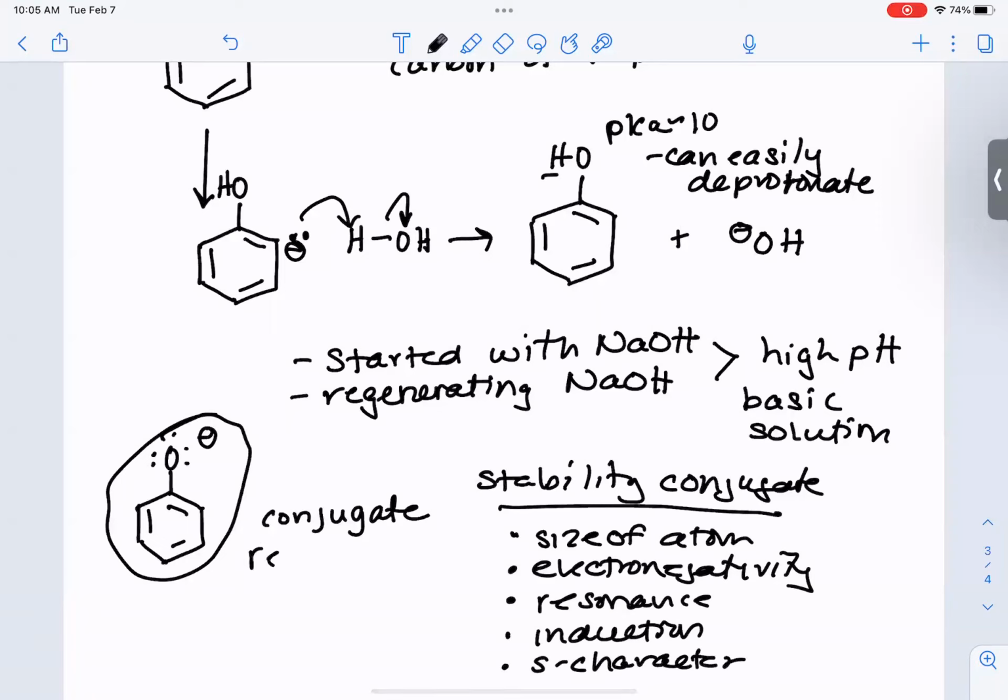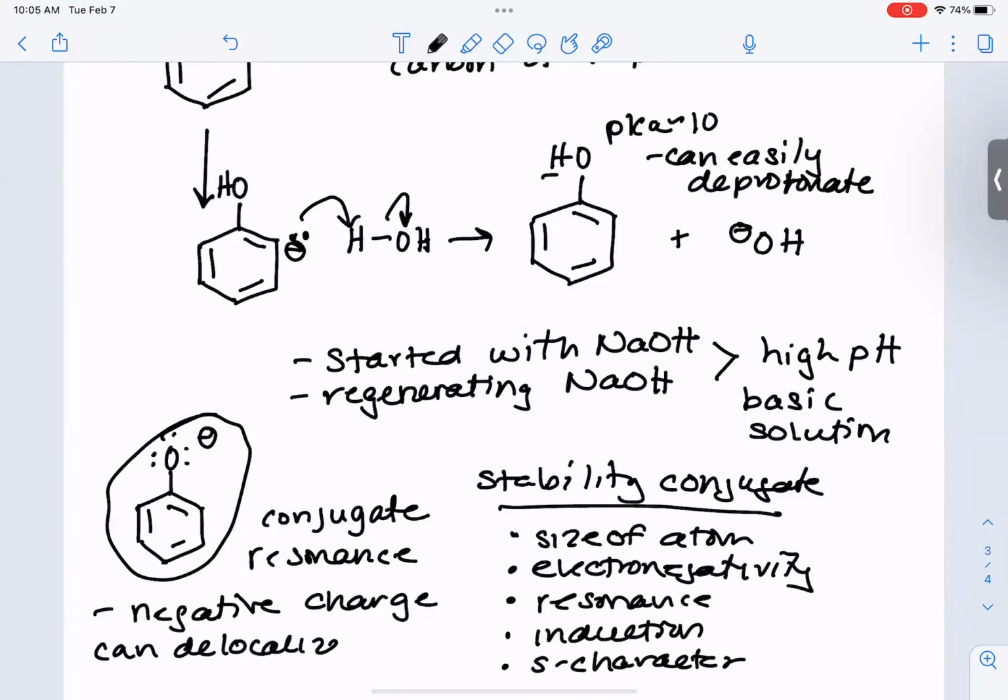You have resonance here. Okay, that negative charge can delocalize. So that's why phenol can be so easily deprotonated, because we want to keep it neutral.